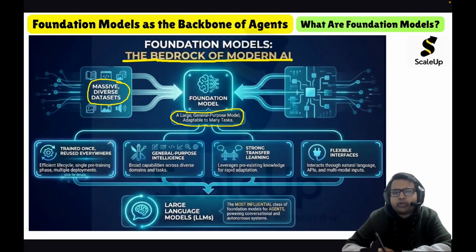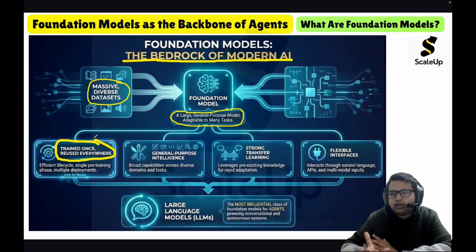So if we talk about the key characteristics of foundation model, it is trained once, reused everywhere. So the foundation model, we train it once using the massive diverse data, and then we can reuse it many a times because it is a general purpose model.